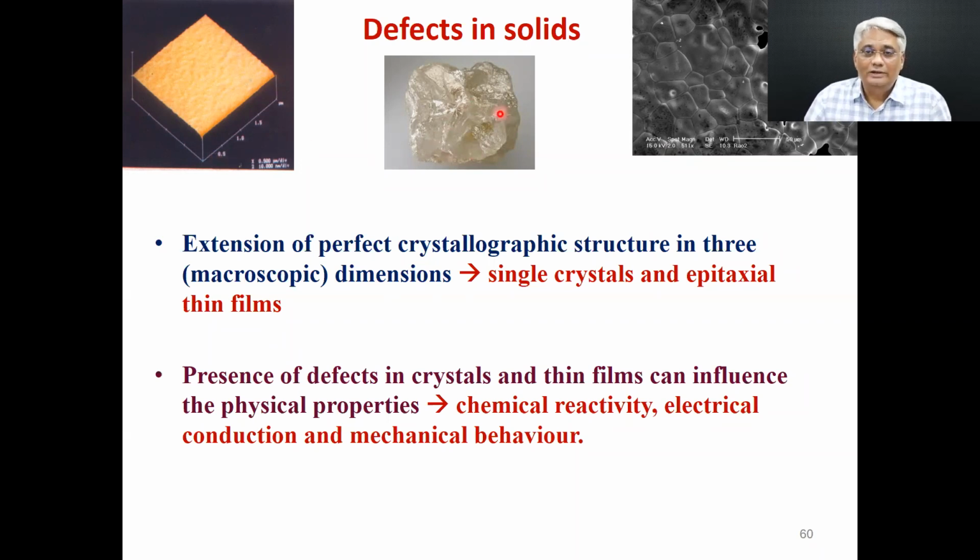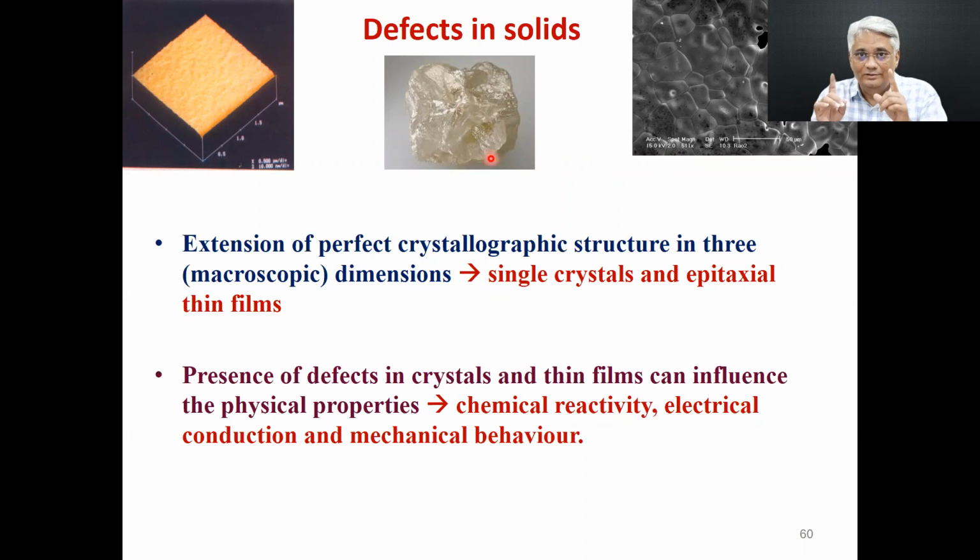For single crystal growth, I mentioned that you need to give a lot of time for the atoms to come to their lattice positions. And if you want to avoid these grain boundaries, you need to give sufficiently large amounts of time for crystallization to happen. So a single crystal is single crystalline.